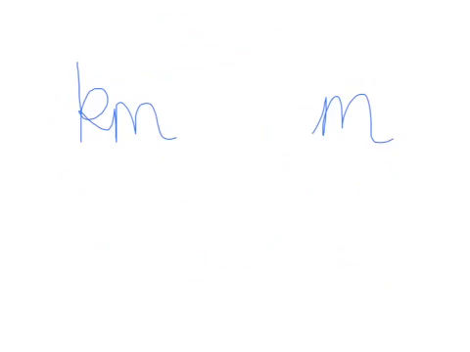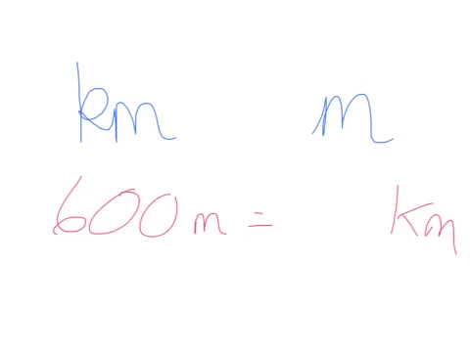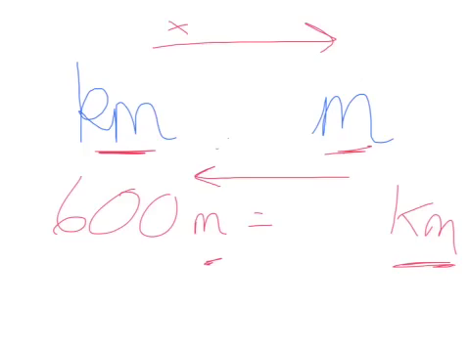Another example. Let's say I've got 600 metres and I want to know how many kilometres this is. So again, kilometres are bigger than metres, which is why kilometre goes first and metre second. My top arrow goes forward and it's going to be times. My bottom arrow goes backwards and it's going to be divide. I need to remember how many metres are there in a kilometre.